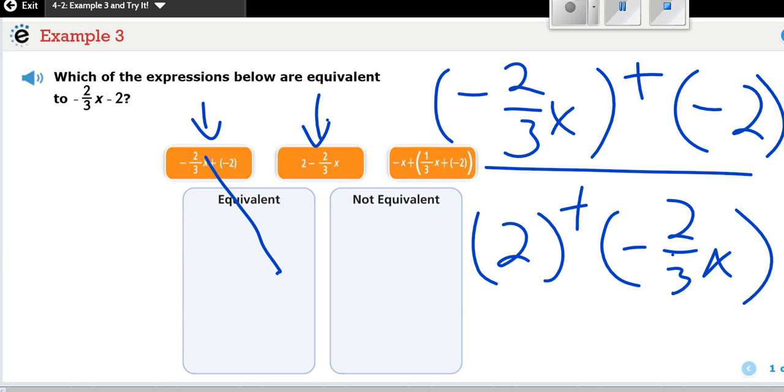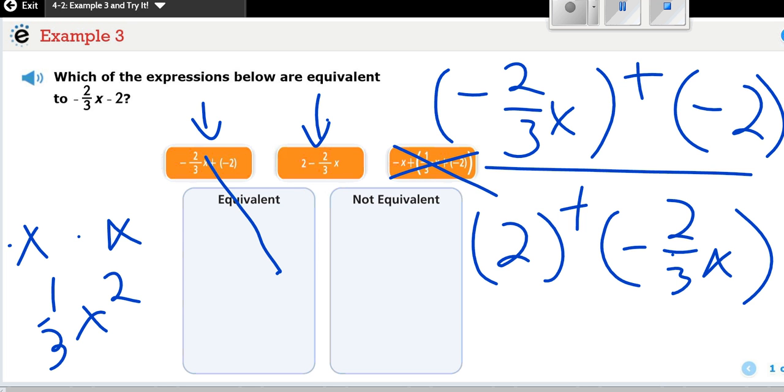And so if I have x times x, right? X times x is always going to be an x squared, right? And then I can just put that 1/3 back in there, because that's what happens. So in the end, this one is definitely not going to be equivalent. And this one also is not equivalent because it had a positive 2 instead of a negative 2.